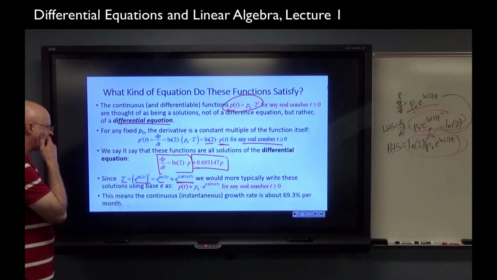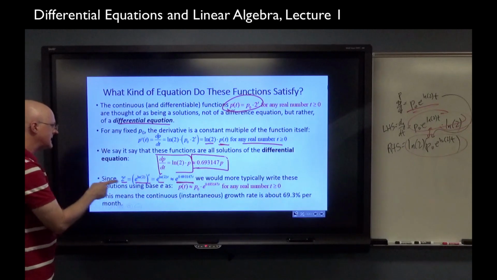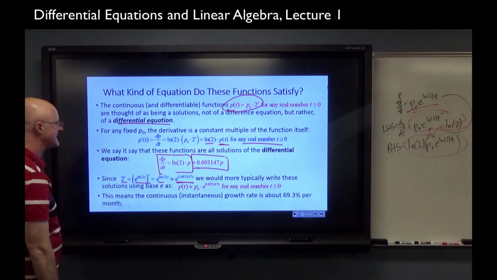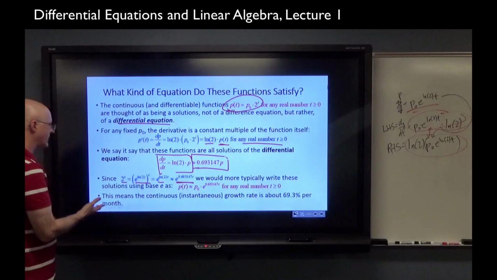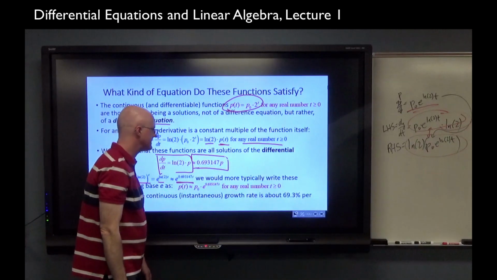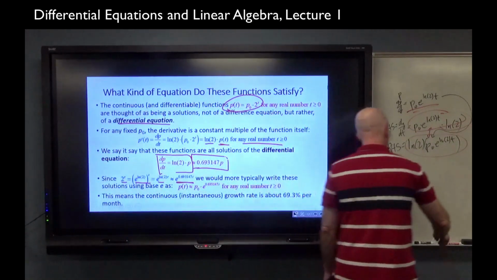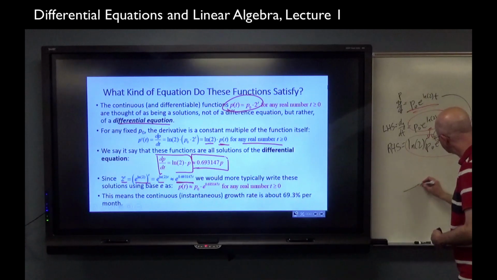What is this? How do you interpret this natural log of 2 part in terms of what's called a continuous or instantaneous growth rate? As a percentage, the continuous instantaneous growth rate is about 69.3% per month. Because this, if you write it as a percentage, is about 69.3%. Graphically, what that means is exponential growth.